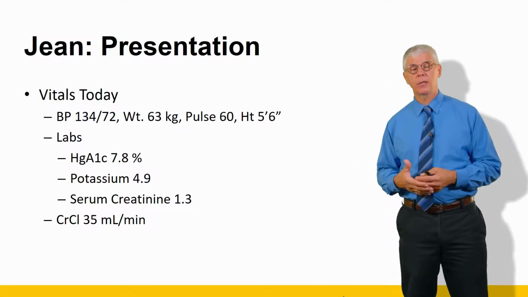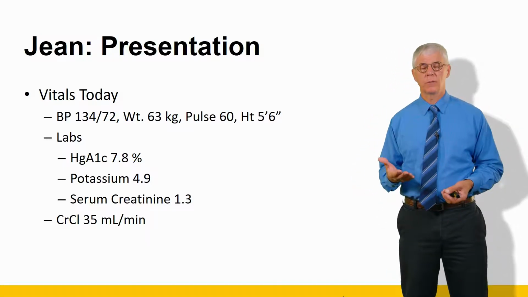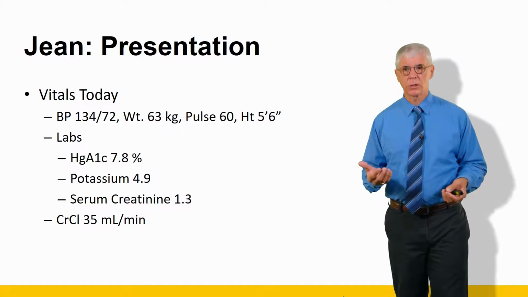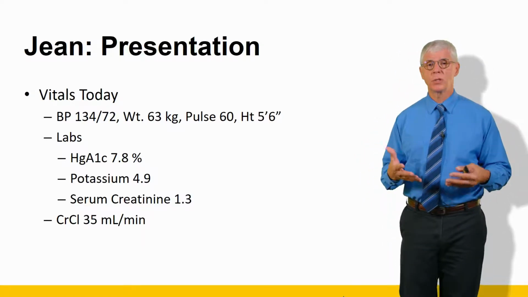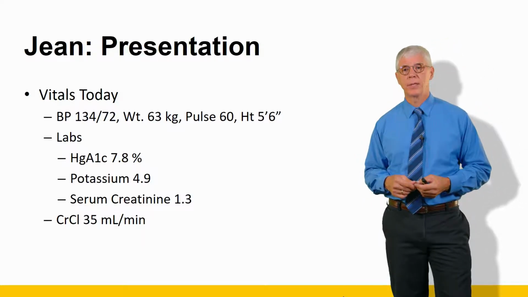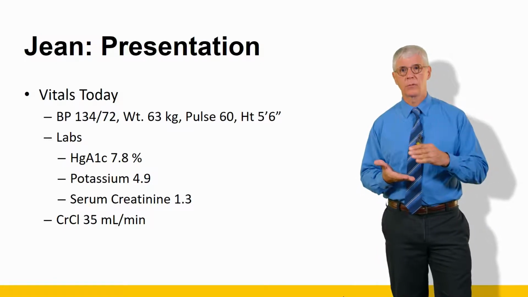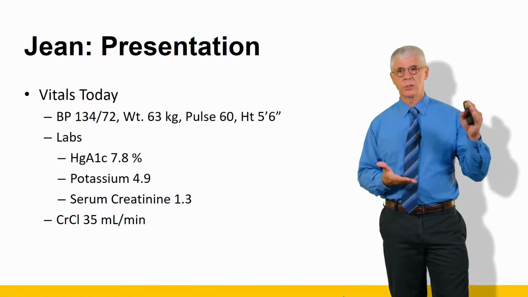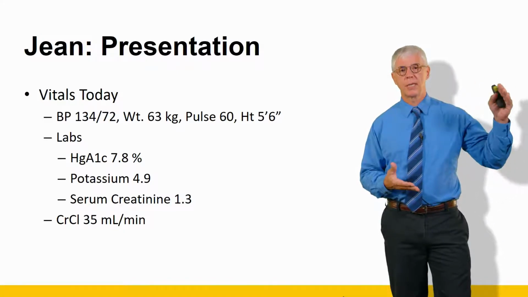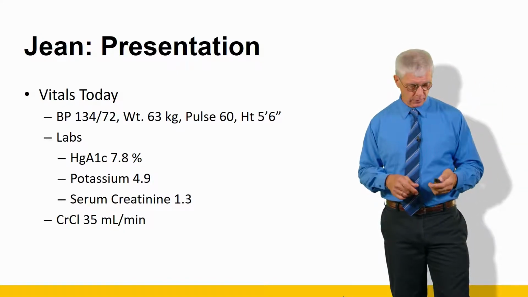Calculation of her creatinine clearance, which is that estimation of renal function, is 35. So you can see she's definitely in stage 3 chronic kidney disease. So she's above 30, which is a big cutoff for drug excretion, but she's certainly below 50 or 60, which is kind of another creatinine clearance milestone we look at.